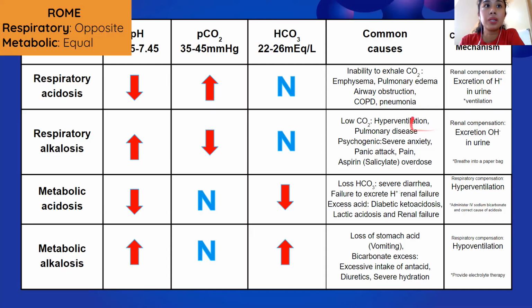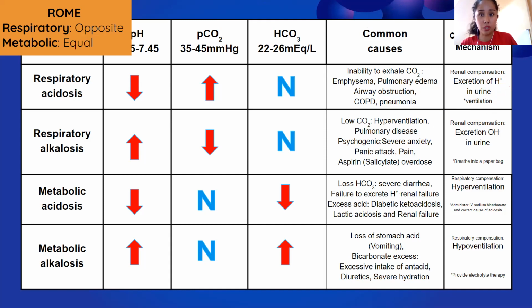Next, class, the compensatory mechanism. So class, if your body experiences respiratory acidosis, it does not stop there. If there's something wrong with your lungs, class, your kidneys will kick into action.